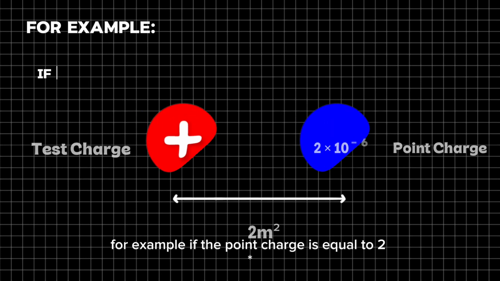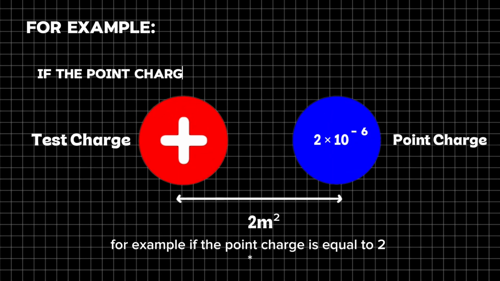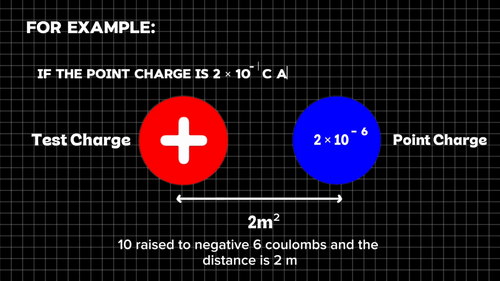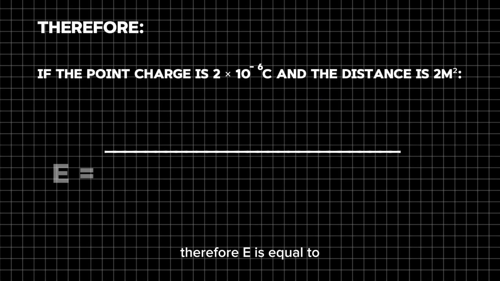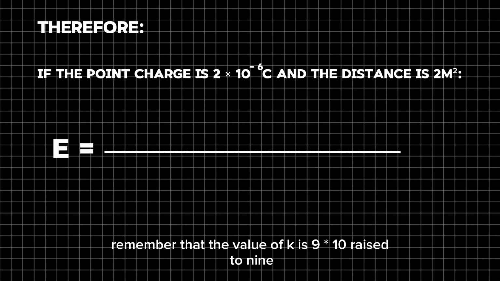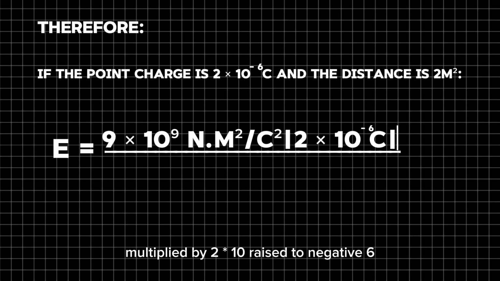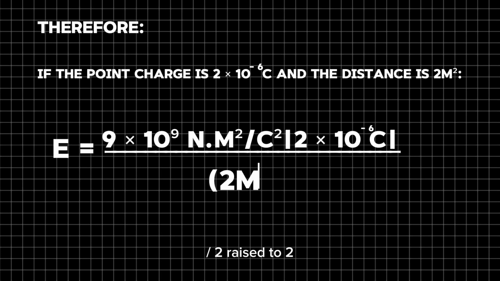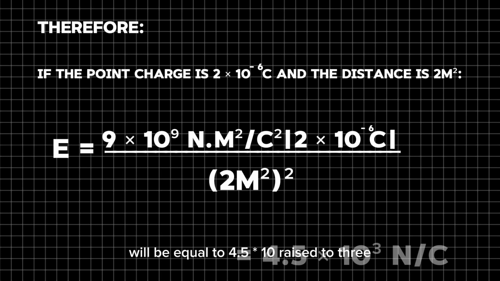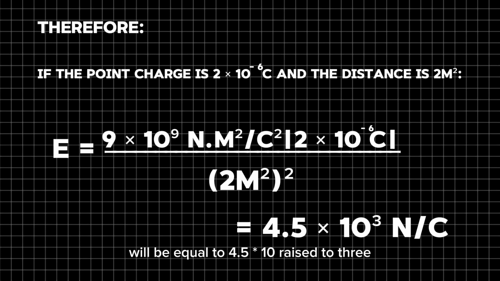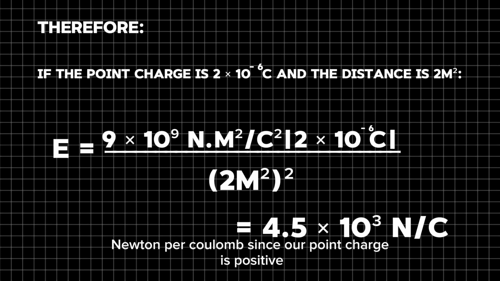For example, if the point charge is equal to 2 times 10 raised to negative 6 coulombs, and the distance is 2 meters, therefore E is equal to, remember that the value of K is 9 times 10 raised to 9. 9 times 10 raised to 9 multiplied by 2 times 10 raised to negative 6 divided by 2 raised to 2 will be equal to 4.5 times 10 raised to 3 Newton per coulomb.